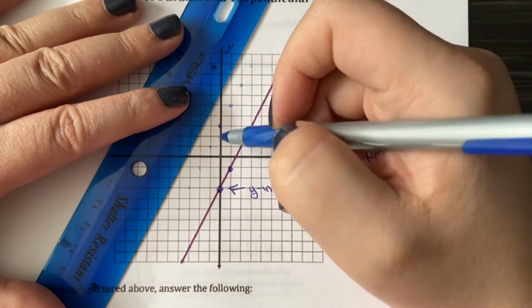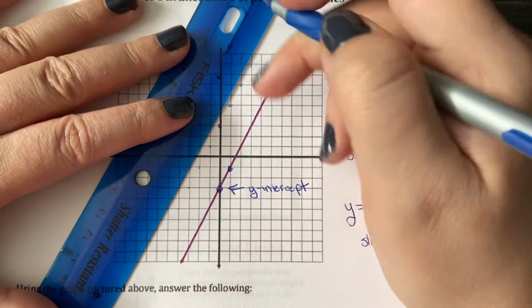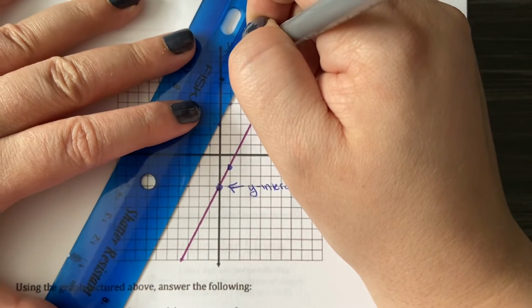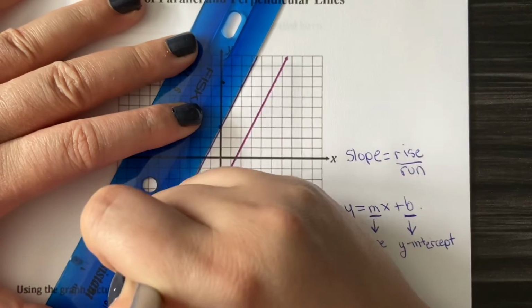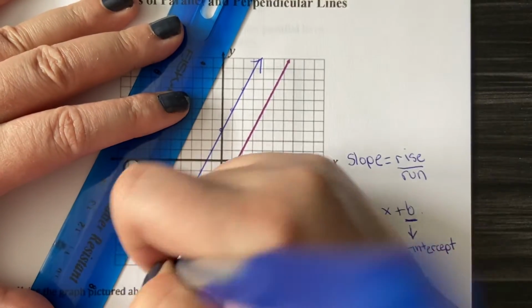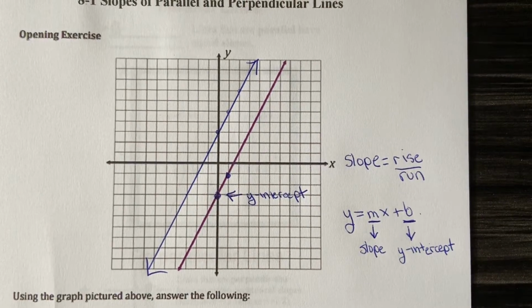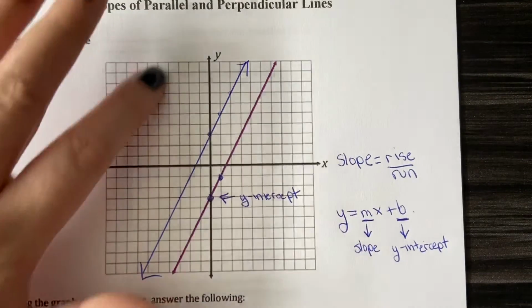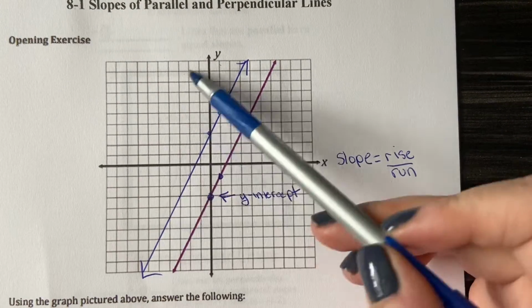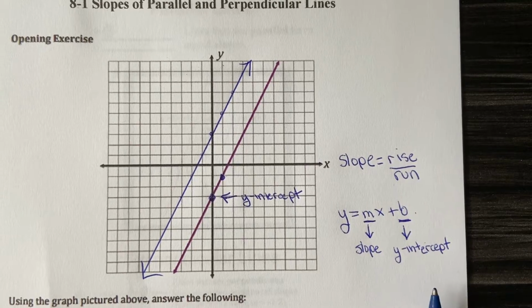So I'm going up 2 over 1, up 2 over 1. And if you draw your line in with a ruler, there we go. Now I can draw infinitely many parallel lines. Like I could go here, here, here, anywhere. I just picked one.